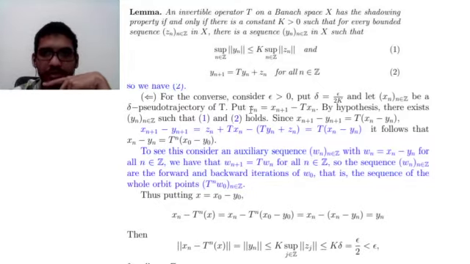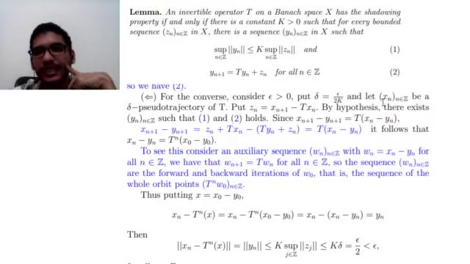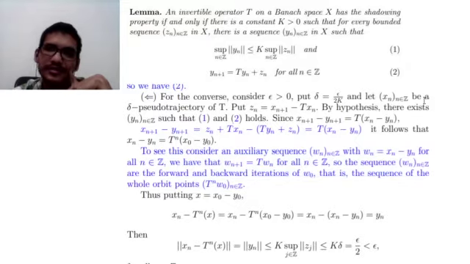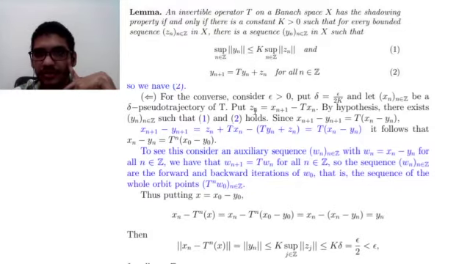Put c_n equal to x_{n+1} minus T of x_n. Look at this: you have a sequence x_n that is an arbitrary delta pseudo trajectory of T, and you define the c_n.